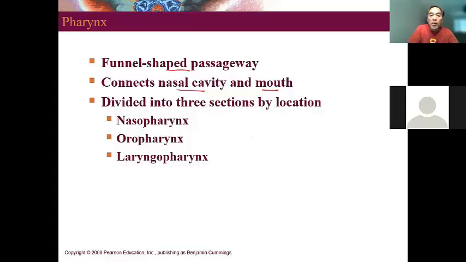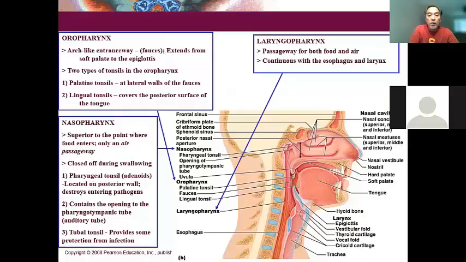Between the nasal cavity and the pharynx, we call it the nasopharynx. Between the oral cavity and the pharynx, the oropharynx. And between the larynx and the pharynx, the laryngopharynx. Within these divisions, we have to identify structures.